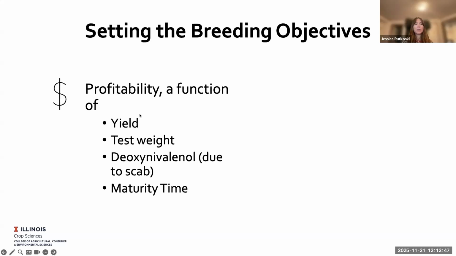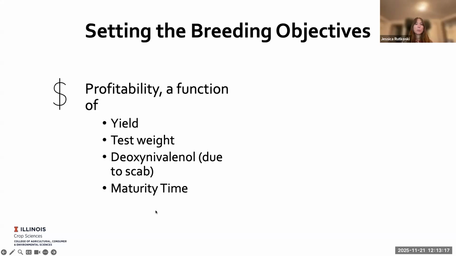Yield, obviously, is a no-brainer. Test weight contributes because when you have too low of test weight, you get a discount, or the price that the farmer can sell the wheat for gets reduced. It's the same for deoxynivalenol, which is caused by the scab disease. So we need resistance so we can have low levels of deoxynivalenol, because it does affect the price of the grain.